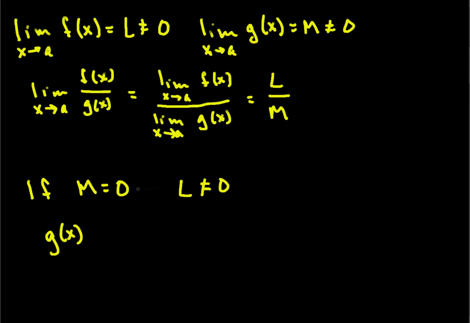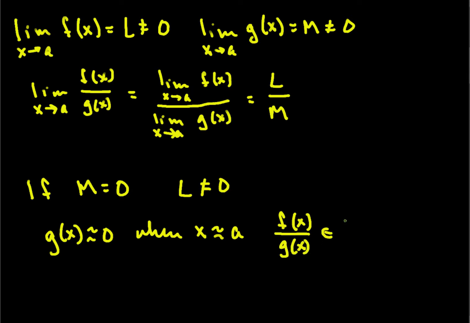So if the limit of the denominator is 0, it means g of x is infinitely close to 0 when x is infinitely close to a, and so then the ratio f of x over g of x is an infinite number, right?